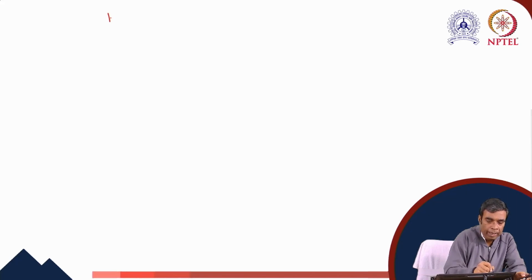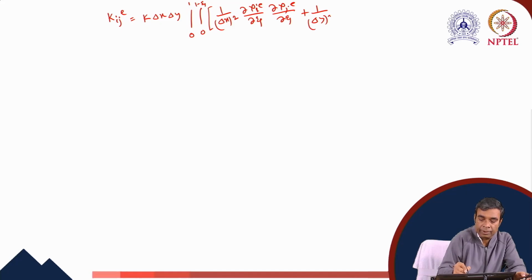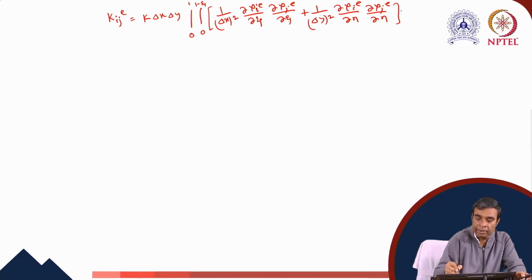Now, we have the expression Kij equals k Δx Δy integral from 0 to 1, integral from 0 to 1−ξ, of [1/(Δx)² ∂ψie/∂ξ ∂ψje/∂ξ + 1/(Δy)² ∂ψie/∂η ∂ψje/∂η] dξ dη.